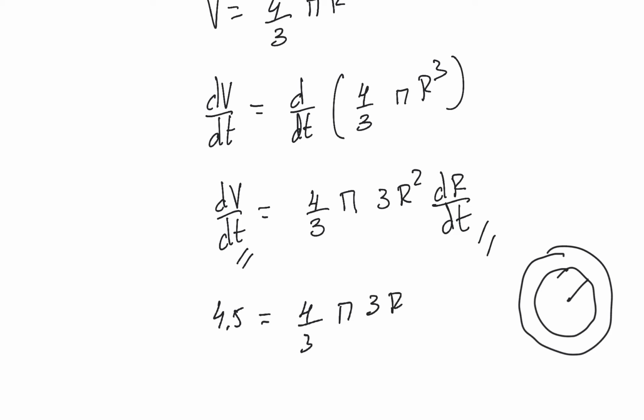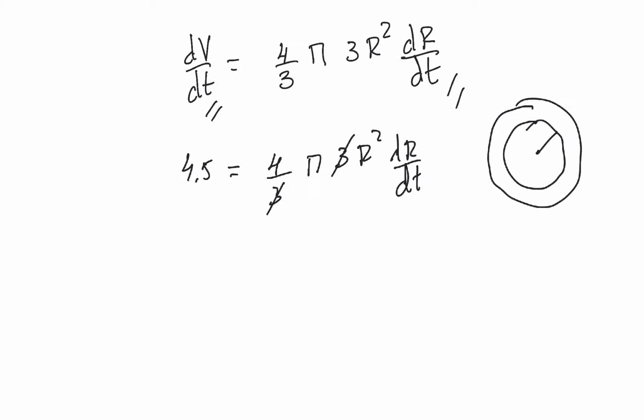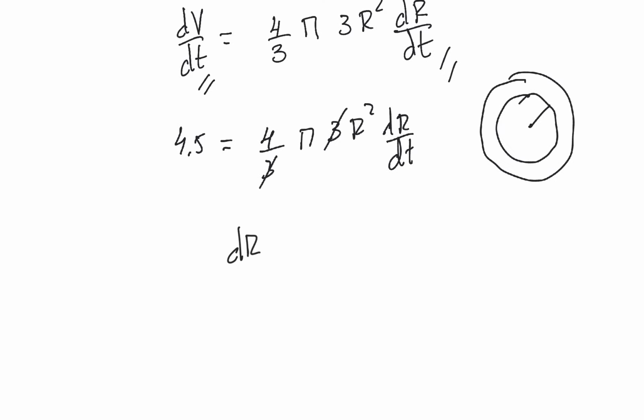The 3 will cancel, so the change in the radius with respect to time will be 4.5 divided by 4 pi multiplied by r squared.